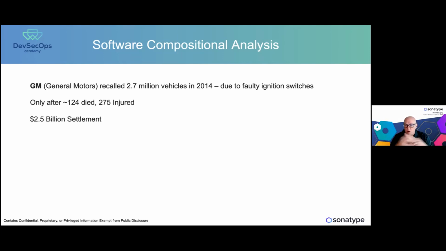So, what, if anything, has this to do with software? This is a mechanical fault. It's a bit of plastic, a few bits of wires, and an ignition switch in a car. It's got no software associated with it at all. Well, as we know, everybody's moving to a software driven landscape.